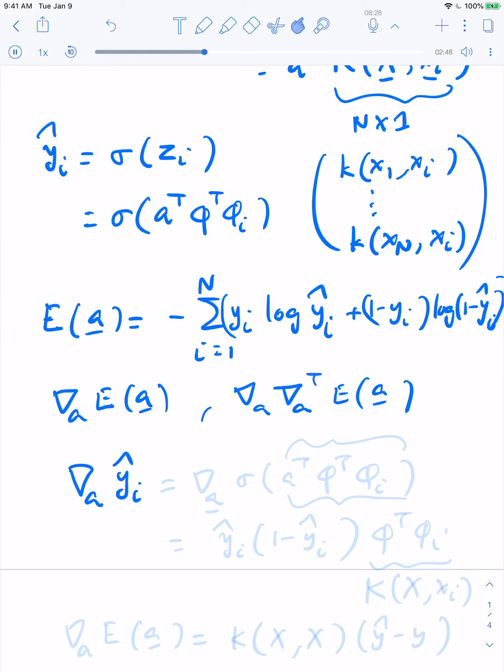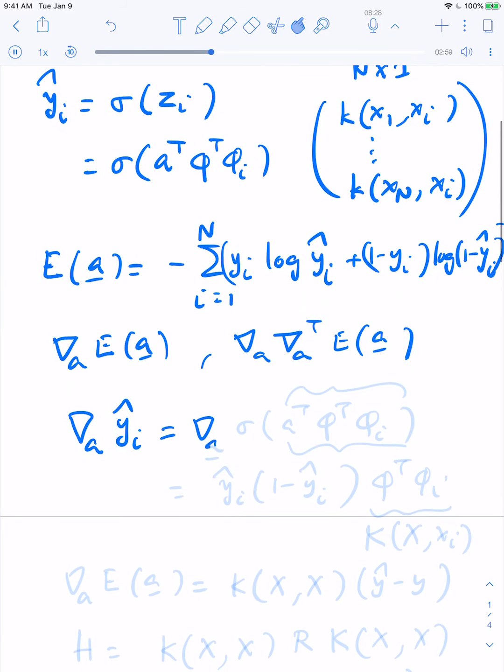Just like you were taking the gradient of y hat with respect to W, now you're going to take it with respect to A. Using the chain rule, the derivative of sigma of A transpose phi i: as we know, the derivative of the logistic is the logistic times 1 minus the logistic.